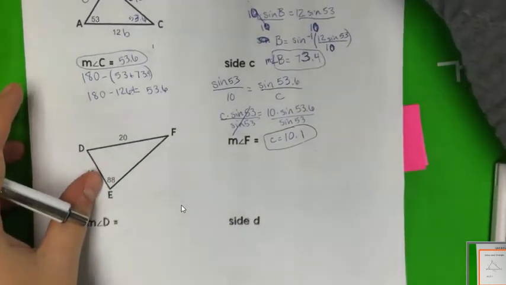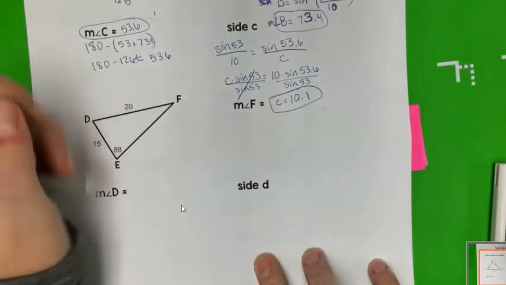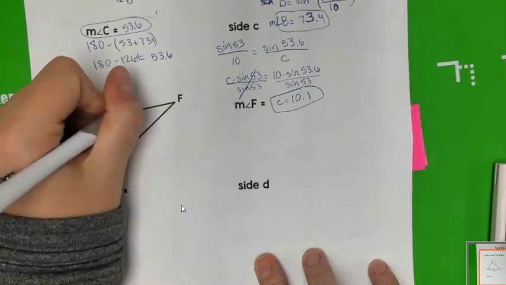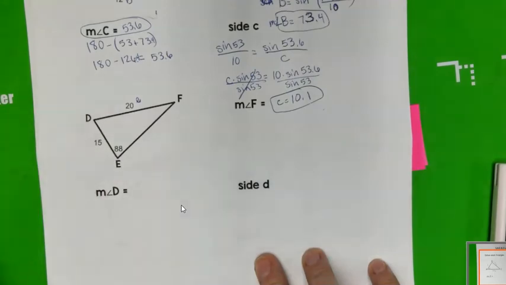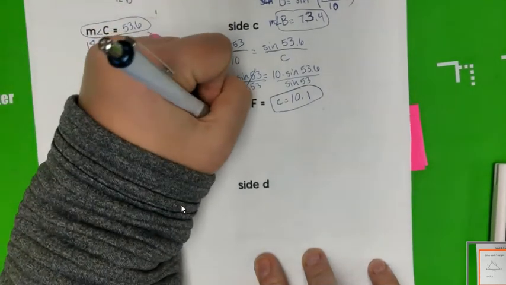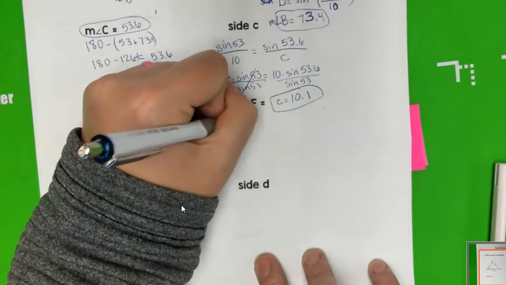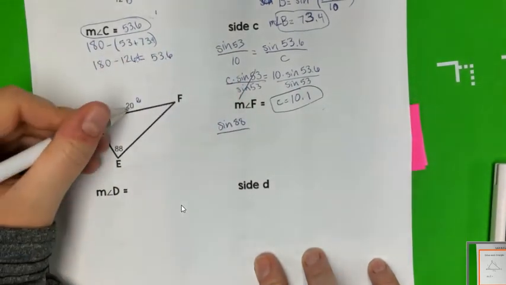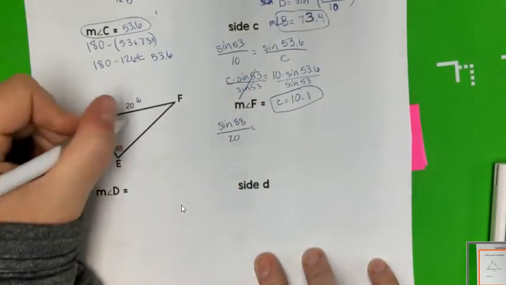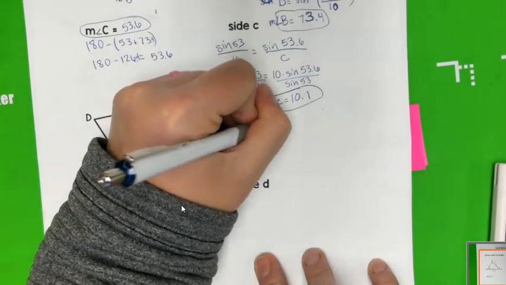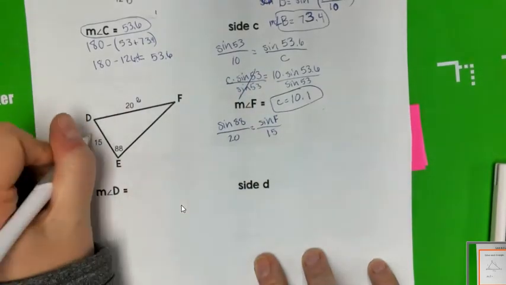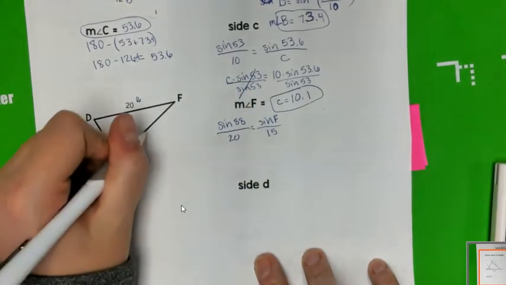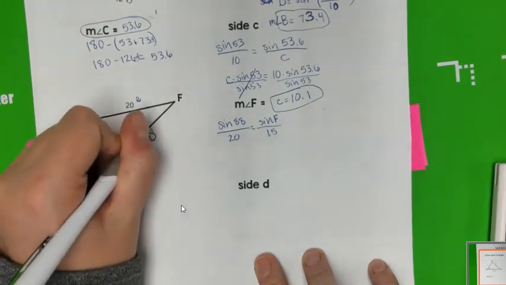All right, last problem. So this one's the same idea as before. We have all of E, which is good. We are looking for angle F. Okay, so sine of E is 88, sine of 88 over 20 is going to be equal to sine of F over 15, because that is the side, lowercase.